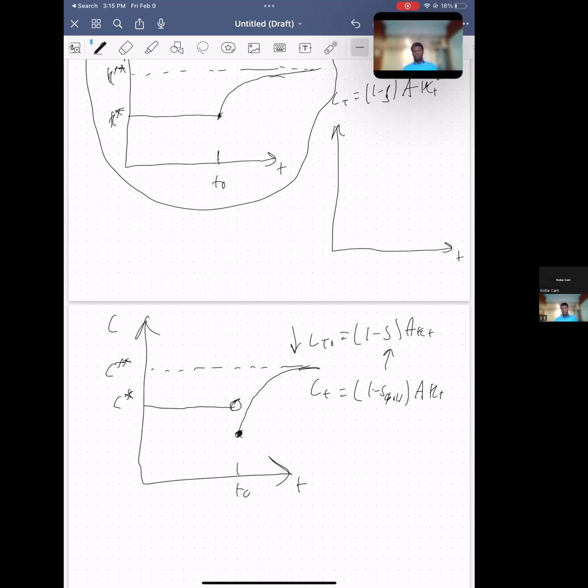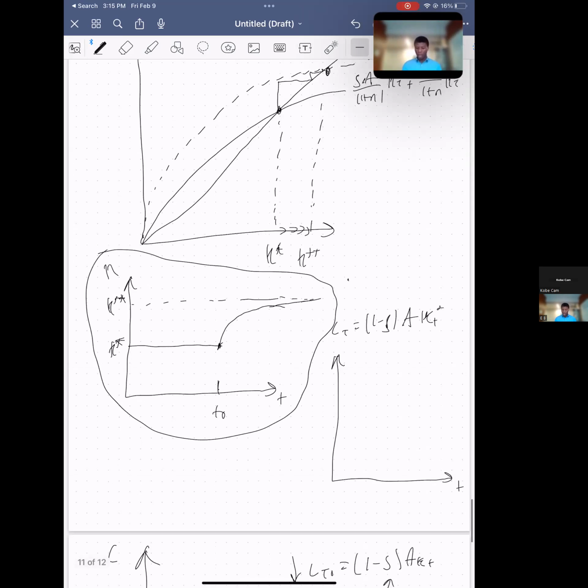Okay, so why is this important? If you're a household in this economy where S is less than S gold, our economists tell you we should definitely consume more. Remember, because we are in this consumer economy, our goal is that I just want to consume, consume, consume. If I care more about the present day than I do about the future, I might be very happy with where I am.